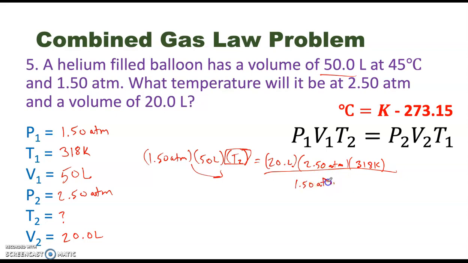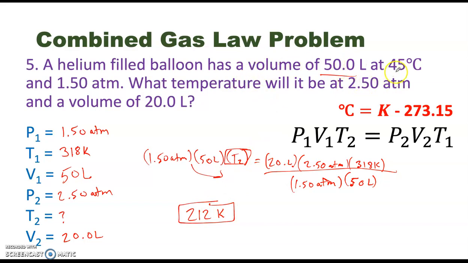Oh, not sure what happened there. And we take our 50 liters, bring it down. Oh, that's what's happening. I accidentally clicked the button on my pen, making it upset at me. So we've got 20 times 2.5 times 318 equals, then I'm going to divide that by 1.5, divide by 50, and I end up getting 212 Kelvin.